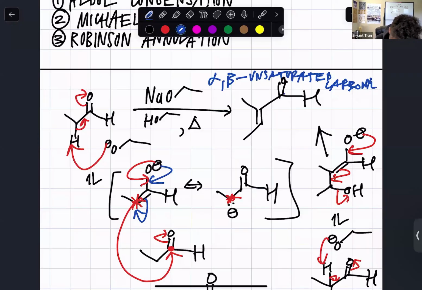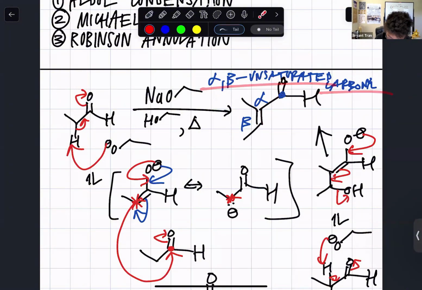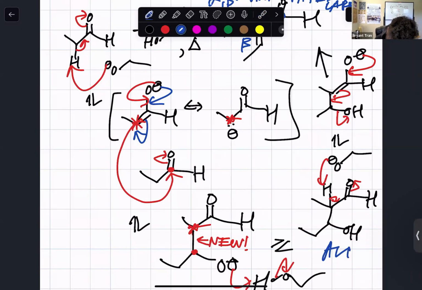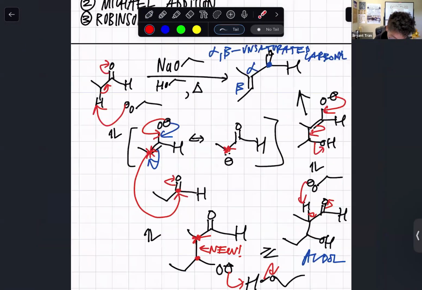And that's because this is the carbonyl carbon, this is the alpha carbon, and this is the beta carbon. And we see that there is an unsaturation or double bond between the alpha and beta carbon relative to the carbonyl. So that's why we call this an alpha beta unsaturated carbonyl. And this one right here is an aldol because there's a carbonyl and an alcohol beta to the carbonyl.